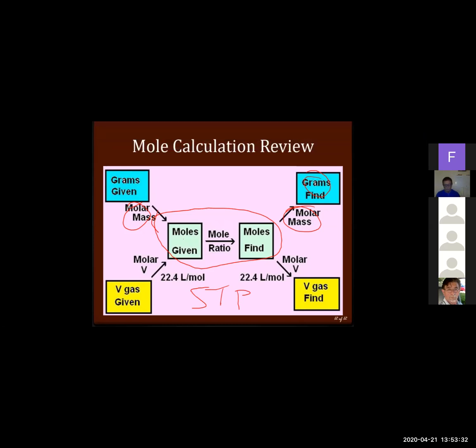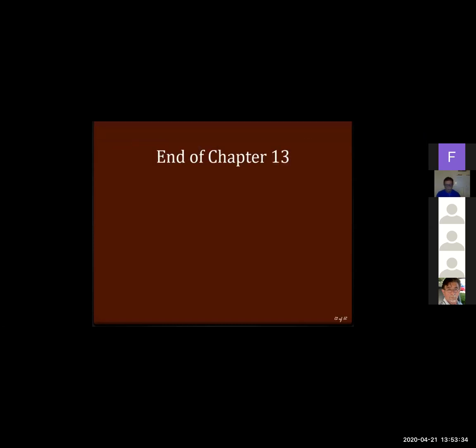That being said, congratulations. We just knocked out another chapter. Now the next chapter, 14, is a little more extensive. We'll probably be taking the whole time. It's called Intermolecular Forces. That one deals with molecules interacting with each other and how they do that, and it has to do a lot with polarity.